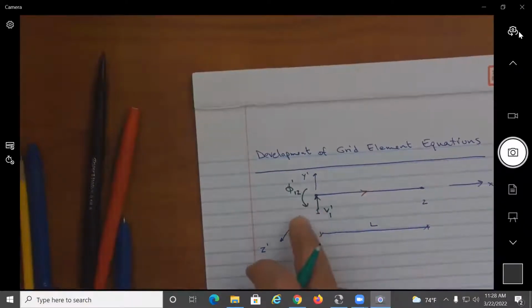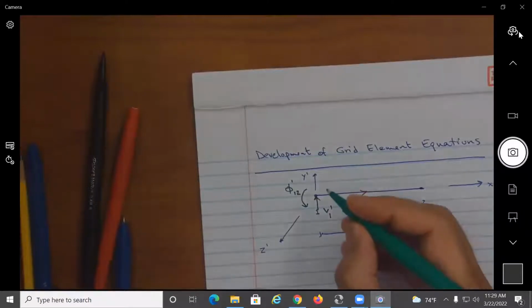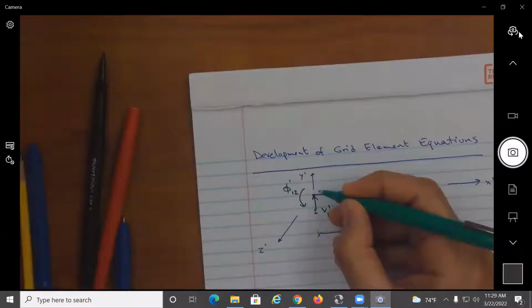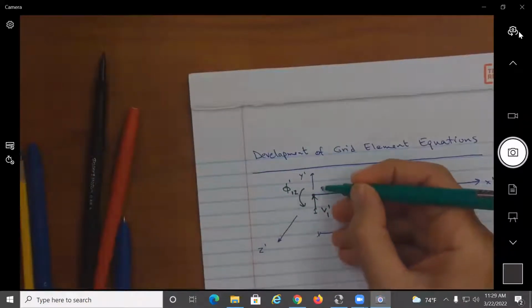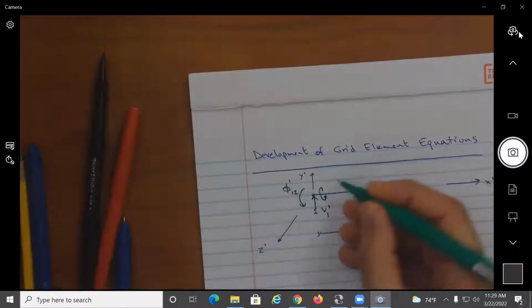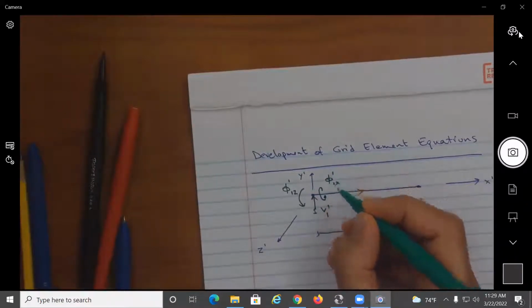But here with a grid, my third degree of freedom as well is going to be another rotation due to twist. So it's going to be rotation about the axis of the element, okay? So I'm going to get, sure you can see the difference here. So I'm going to call this phi 1 prime x.